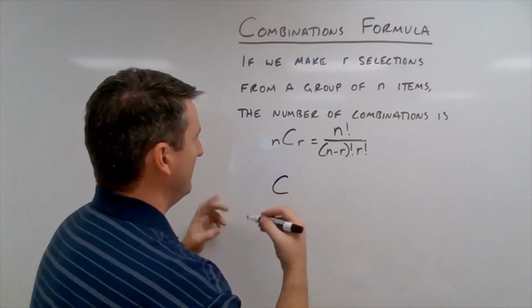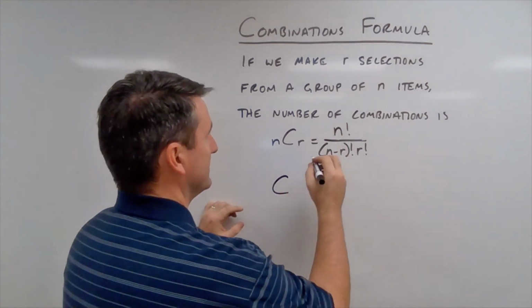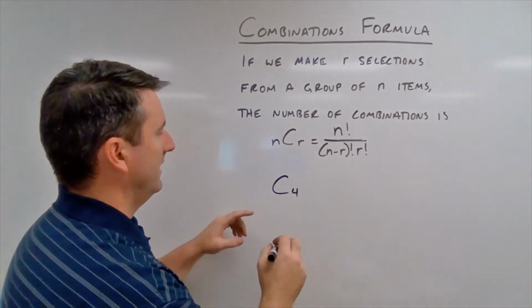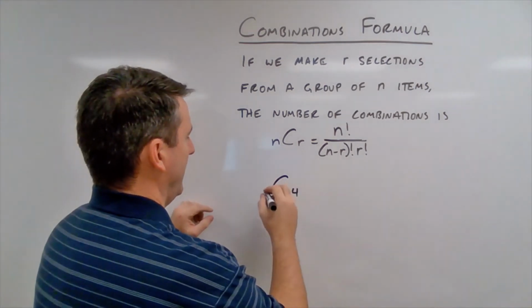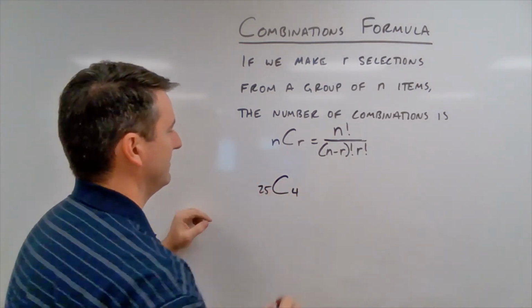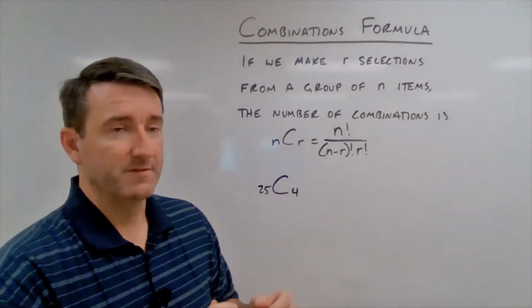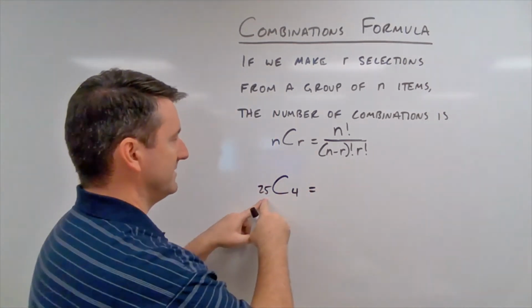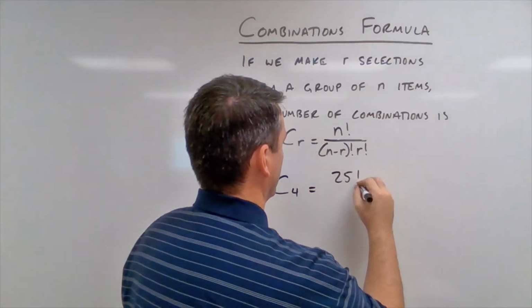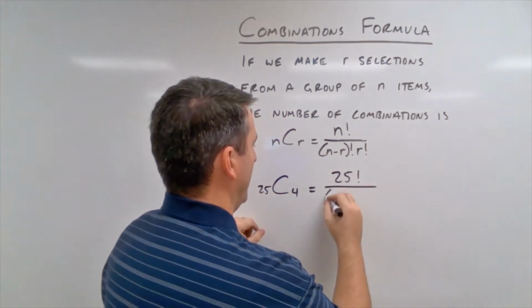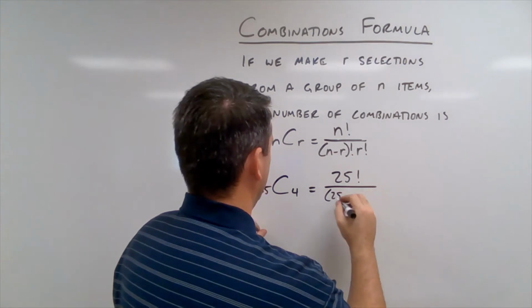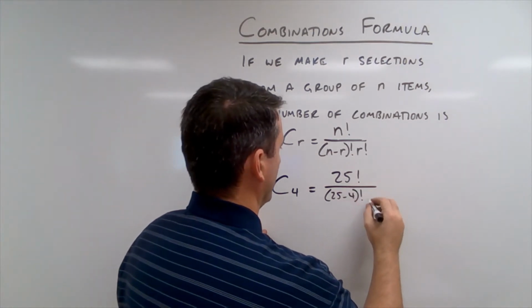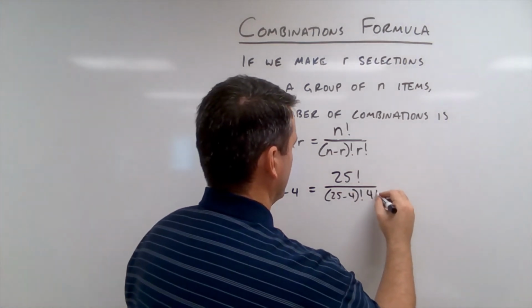Forget about the previous example and just figure out how many combinations we have. So it's a combination, and we're selecting 4 team members out of 25 members of the math club. And this is going to be equal to, our n is 25, so this is 25 factorial, divided by 25 minus 4 factorial times 4 factorial.